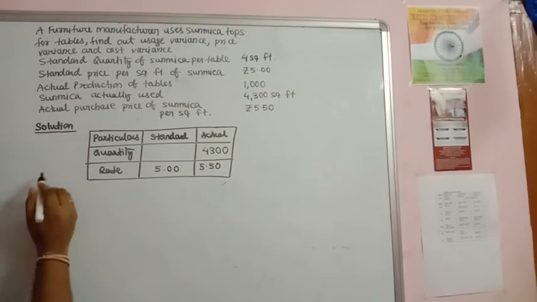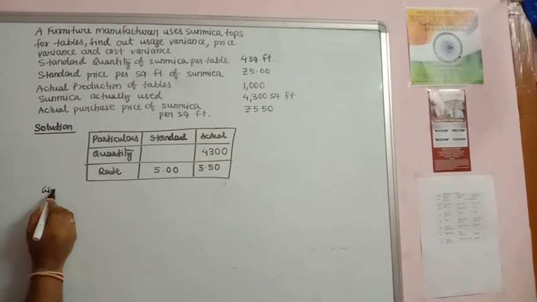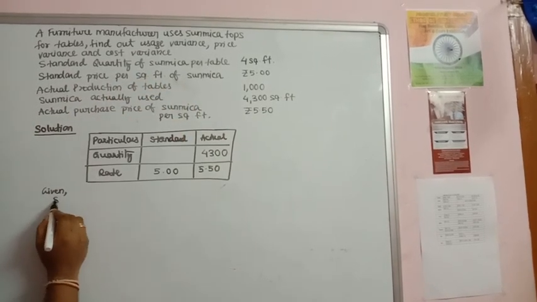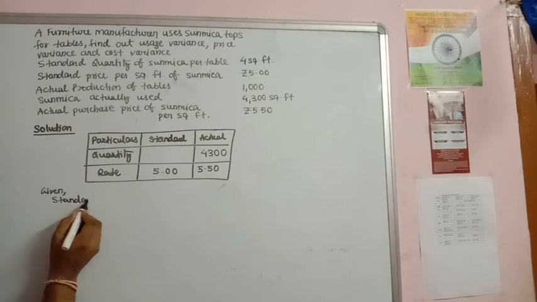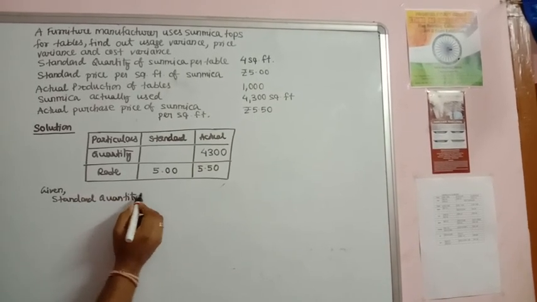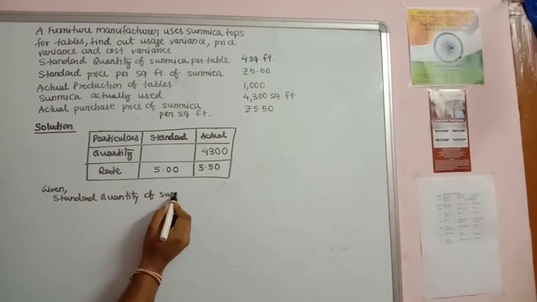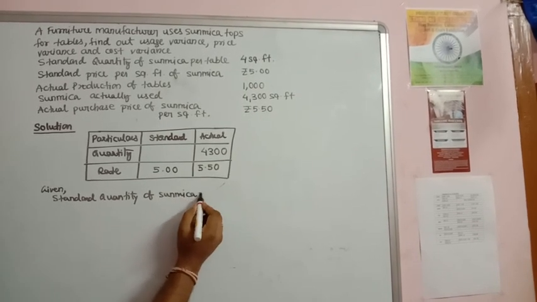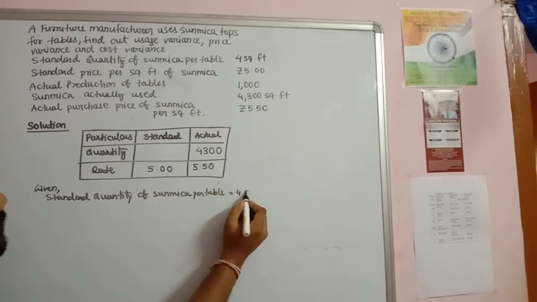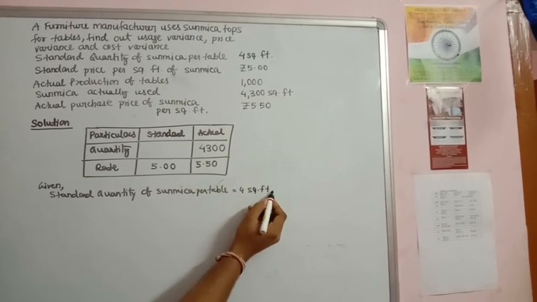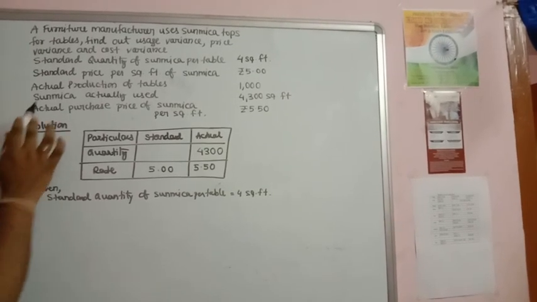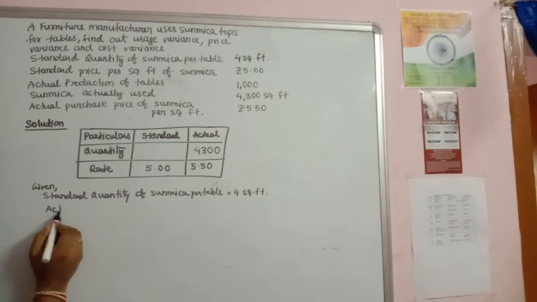So now you see, given in the question is the standard quantity of Sunmica per table. So per table it is how much? 4 square feet. So per table Sunmica requirement is 4 square feet. And how many tables are being manufactured?